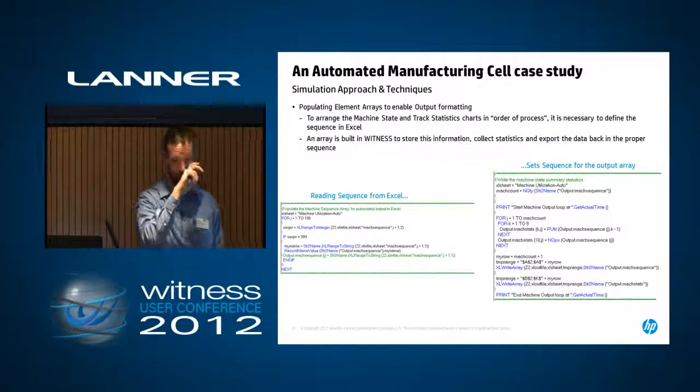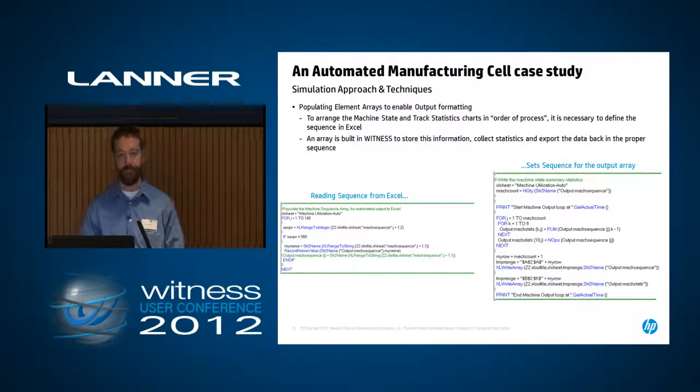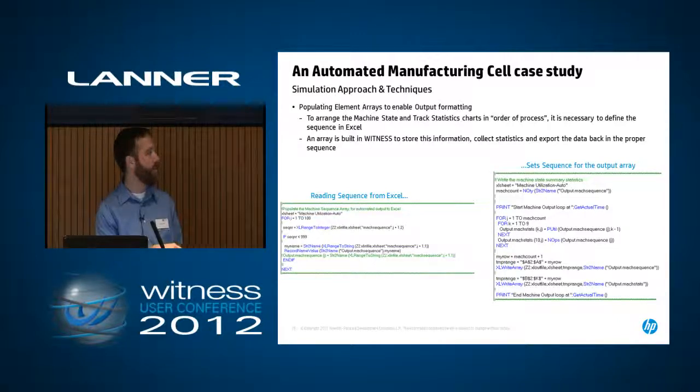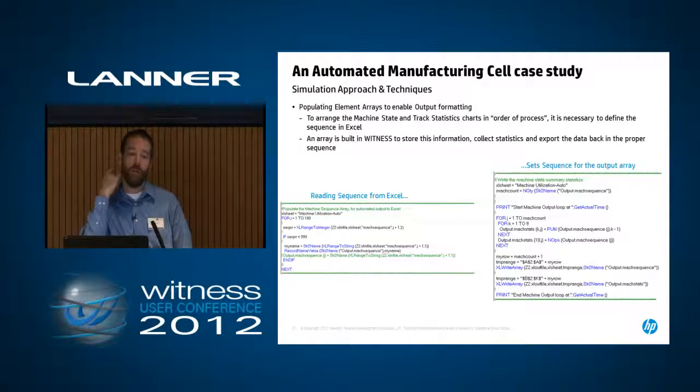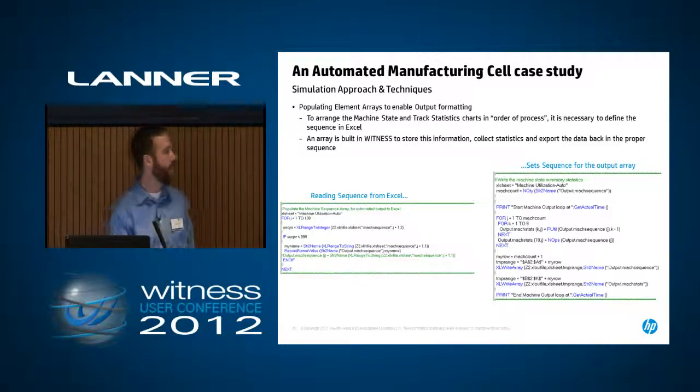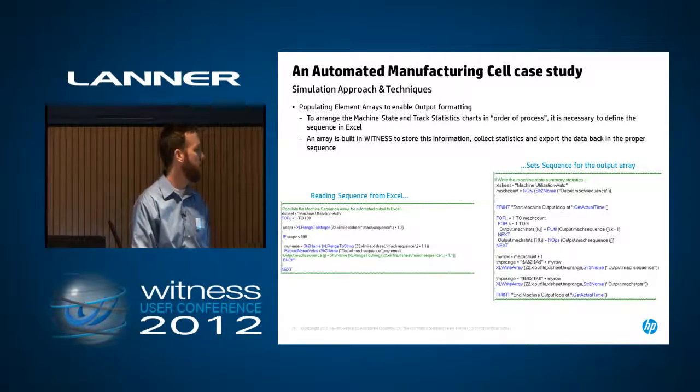So those previous two charts, I mentioned that they are arranged in sequence of process flow. And the way I had to do that, to avoid having just the data exported in alphabetical order, is I actually read in the sequence from Excel.